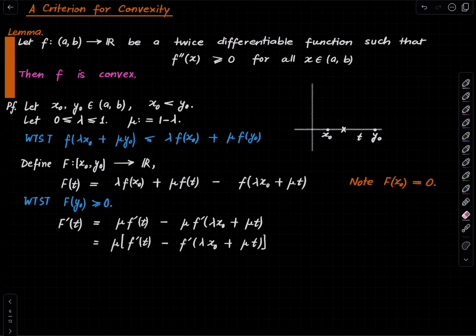And therefore by Lagrange, what is this difference? This difference is f double prime at z, where z is somewhere between these two things, right? So z is somewhere there, and that times this difference.